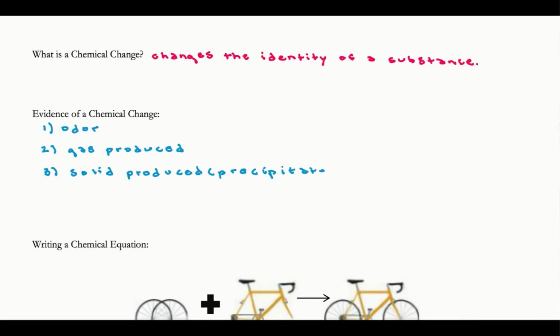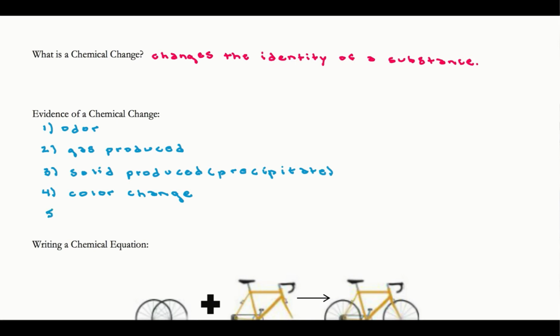The fourth is that the color of the substance could change. And while that would be really hard to show in an actual chemical reaction, we might see a solid forming and know that when that solid forms, the color of the substance would change. So color and odor are really 2 changes we can't represent in a chemical reaction.